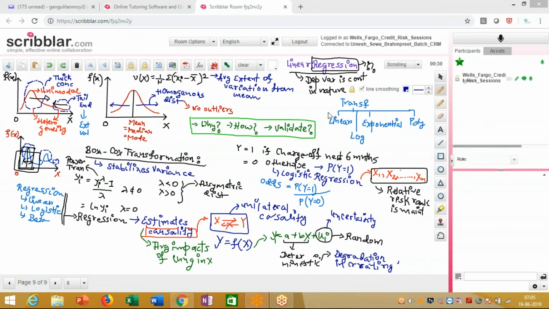So for the listed entities, the ratings of the firms are also available, and then you also have the balance sheet of the firm operating over the last few years. From the balance sheet, you can make out whether the firm has undergone a deterioration or an improvement.